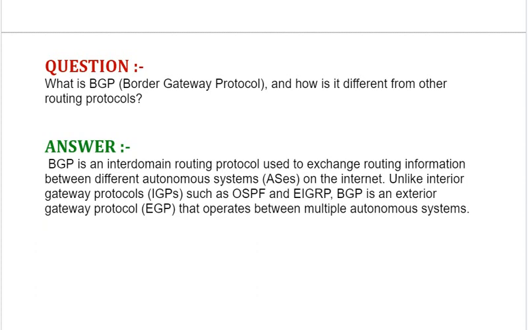Your answer should be: BGP is an inter-domain routing protocol used to exchange routing information between different autonomous systems (ASs) on the Internet. Unlike interior gateway protocols (IGPs) such as OSPF and EIGRP, BGP is an exterior gateway protocol (EGP) that operates between multiple autonomous systems.